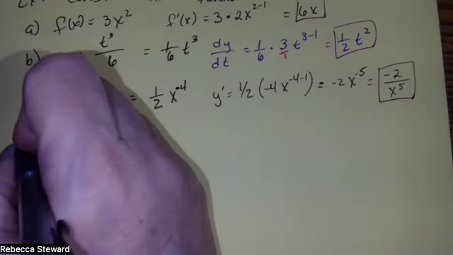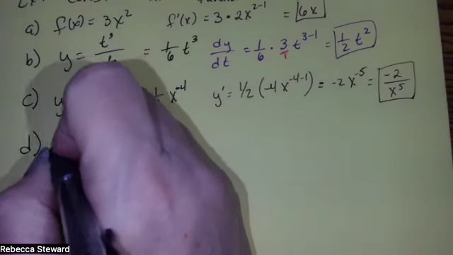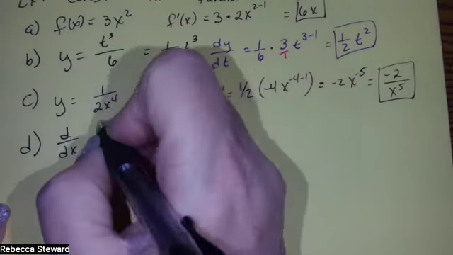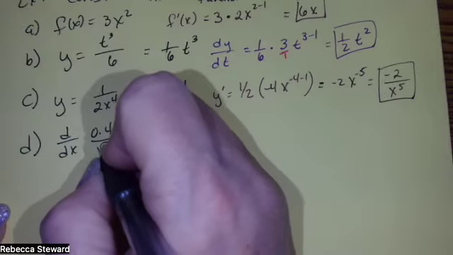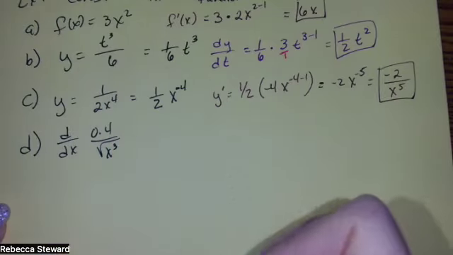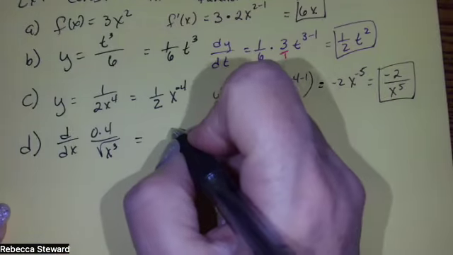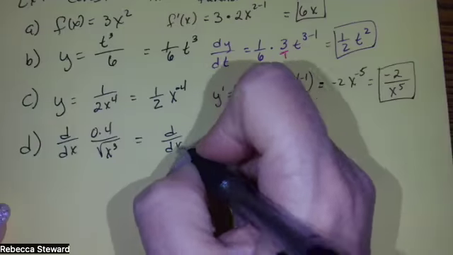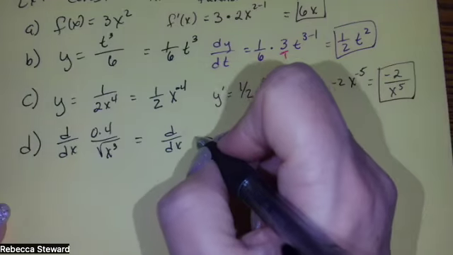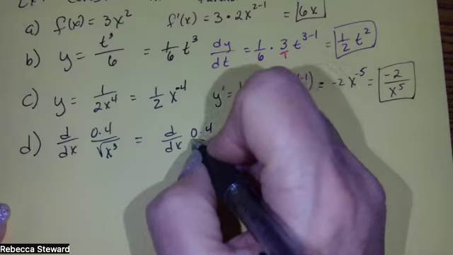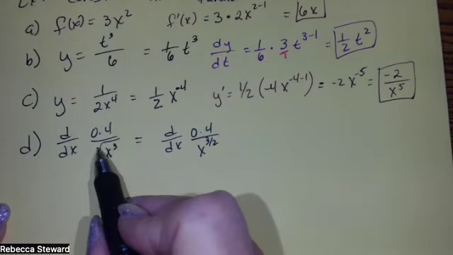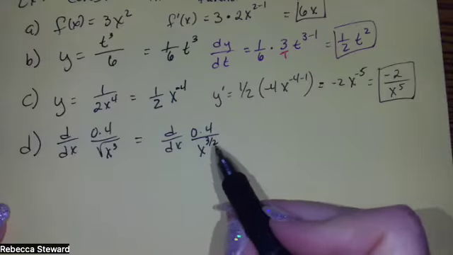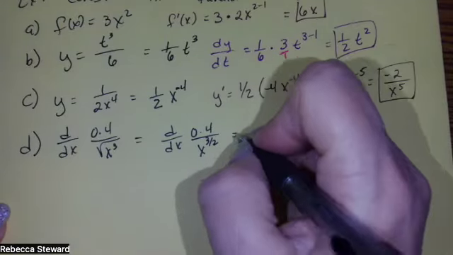Right, let's do D. D, we have d dx of 0.4 over the square root of x to the 3rd. This will become d dx of 0.4 over x to the 3/2, because that index will end up being in the denominator of your exponent.